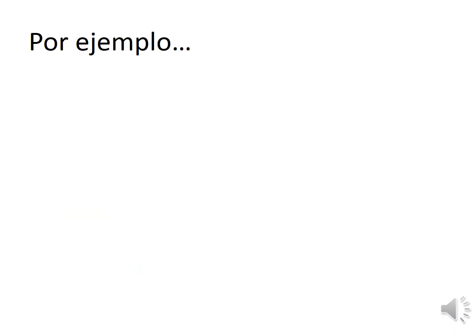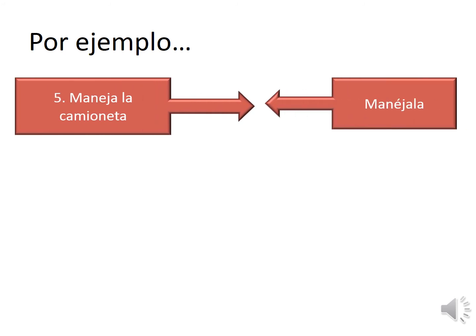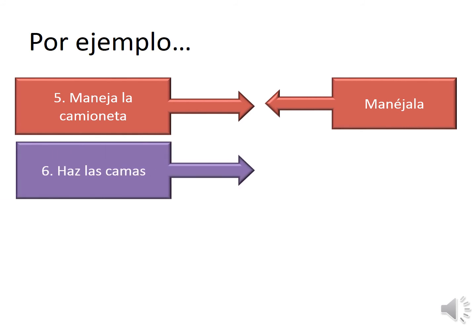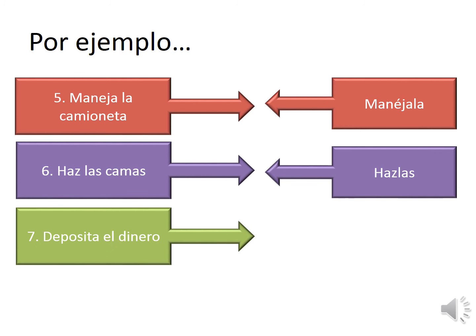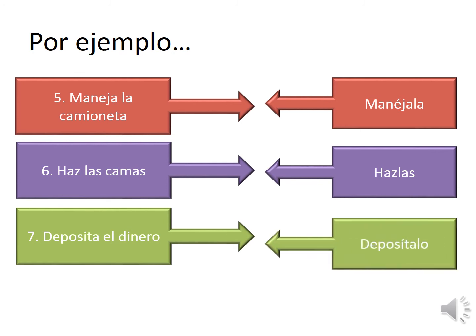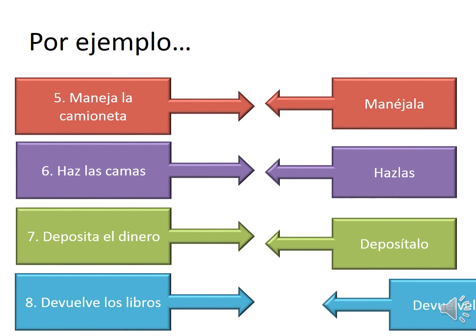Number 5, maneja la camioneta becomes manéjala. Number 6, haz las camas becomes hazlas. Notice with this one I only have 2 vowels, so I don't need an accent mark. Number 7, deposita el dinero becomes deposítalo. And number 8, devuelve los libros becomes devuélvelos.